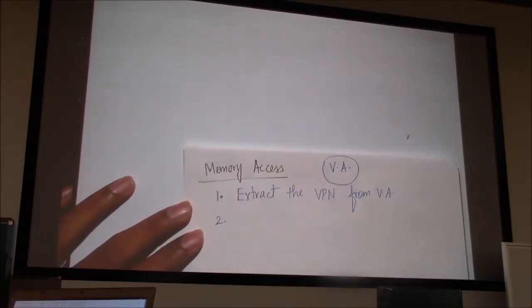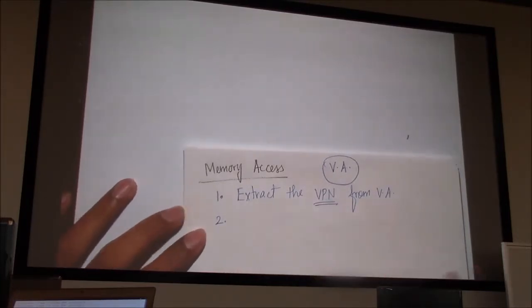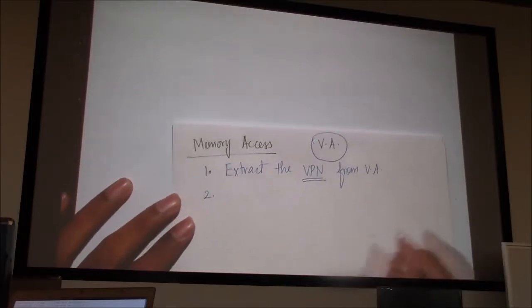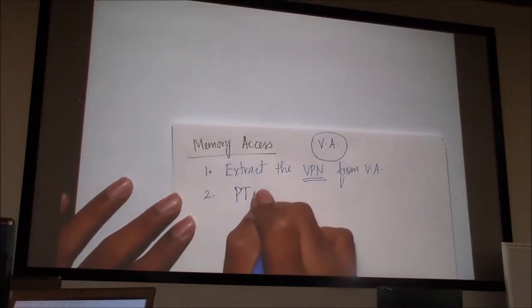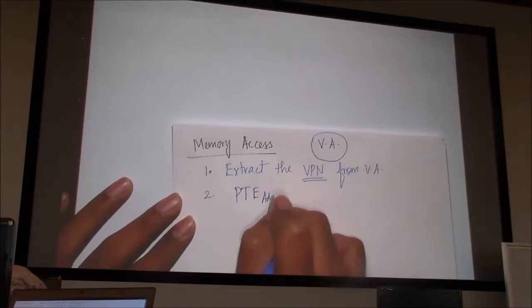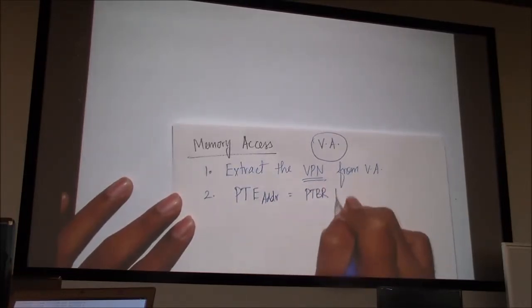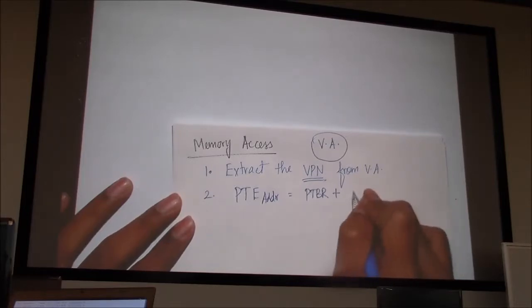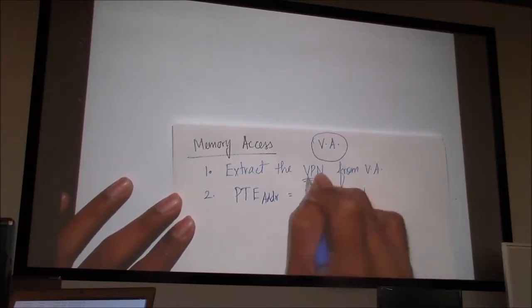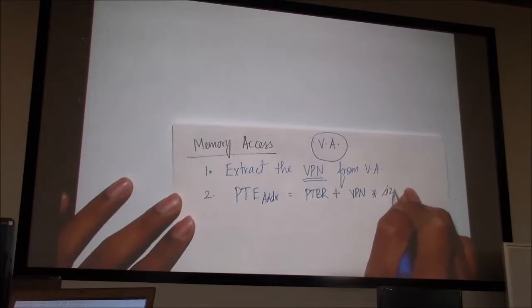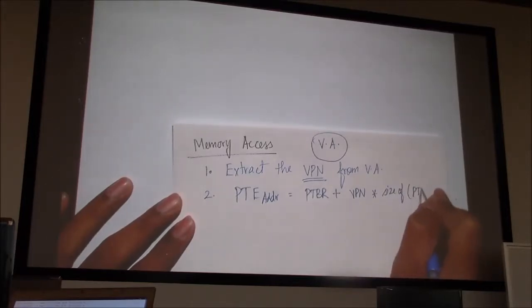Then what are we doing next? After we extract this VPN from the virtual address, immediately we calculate the page table entry address using the page table base register and the VPN: the VPN we just extracted times the size of the page table entry.